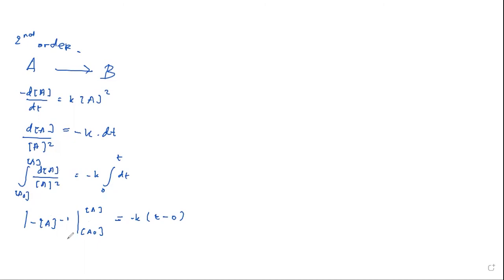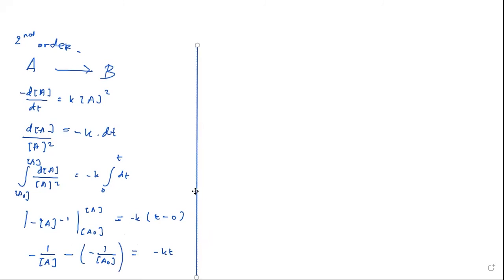So this will produce negative 1 over concentration of A minus negative of concentration of A0, which is the same as negative kt. Rearranging this formula, 1 over concentration of A0 minus 1 over concentration of A equals negative kt.